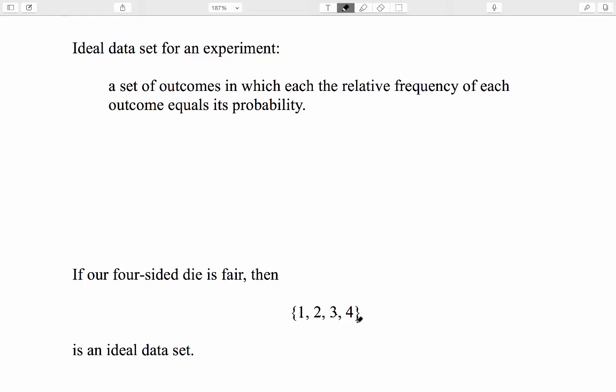So this set of 4 rolls of the die is already perfectly representative of what will happen in the long run. That's what makes this an ideal data set.